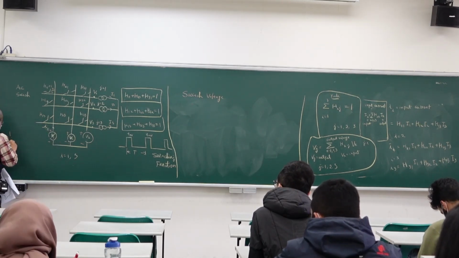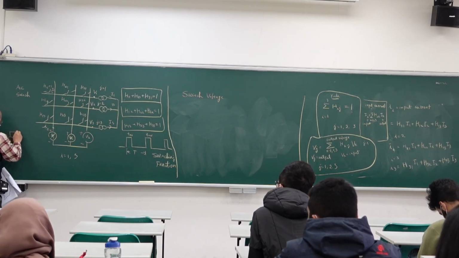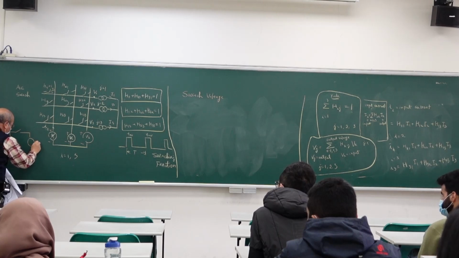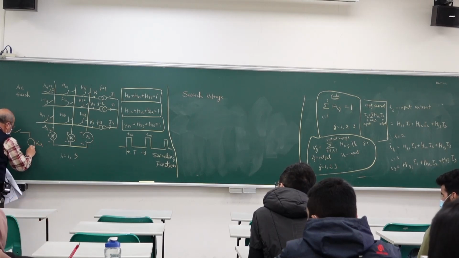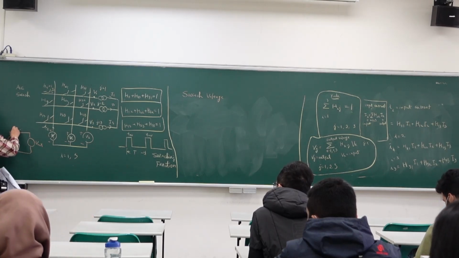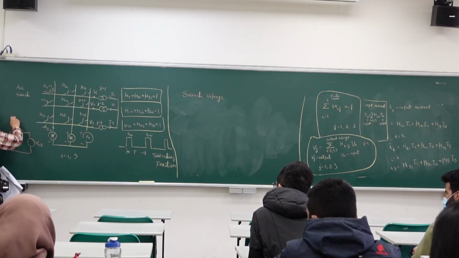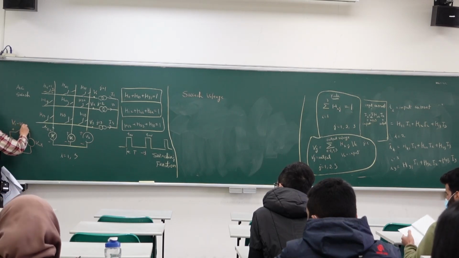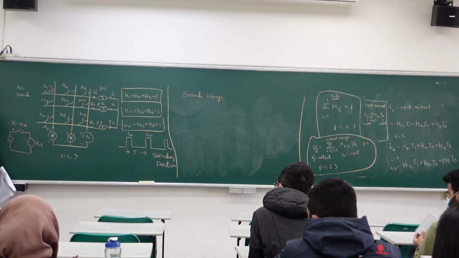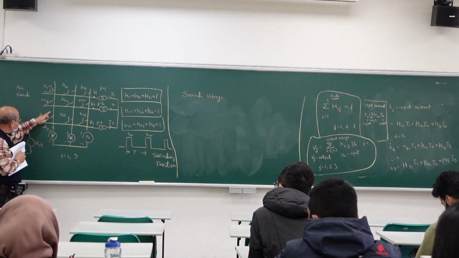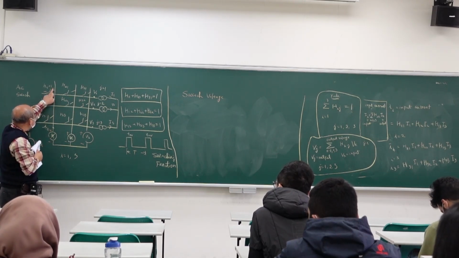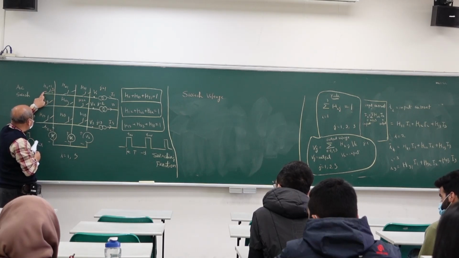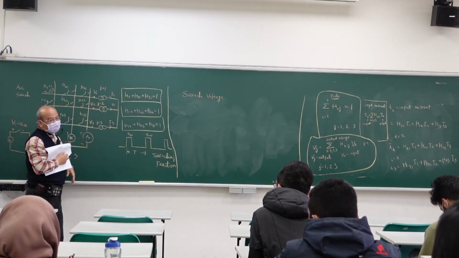So if you have V1, then you have the switch, and then you have the output here. What is the switch voltage? It should be V1 minus V out, right? So we have plus here, and then minus, going to the low.